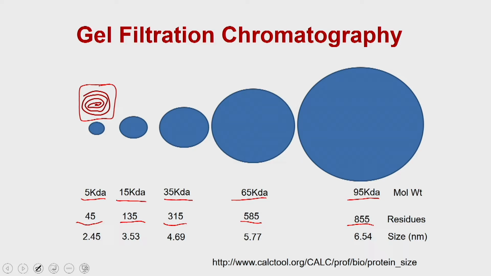So, what you see is that the protein of 5 kilodalton has a radius of gyration of 2.545 nanometer, whereas in the case of 15 kilodalton it is 3.53 and then 4.69. So, as you increase the size of the protein, its radius of gyration increases, which means as you go from a smaller protein to a larger protein, and all this is applicable only for globular proteins, the diameter of that particular ball is increasing.